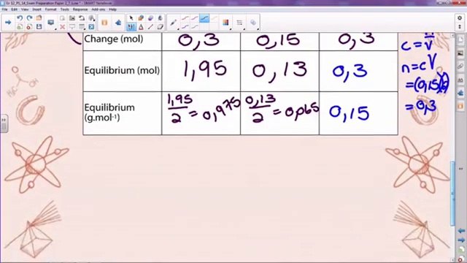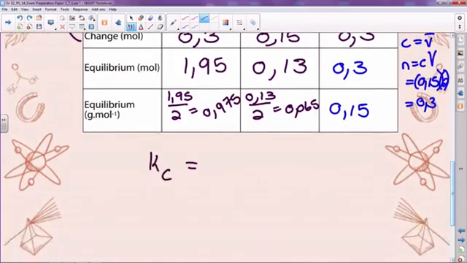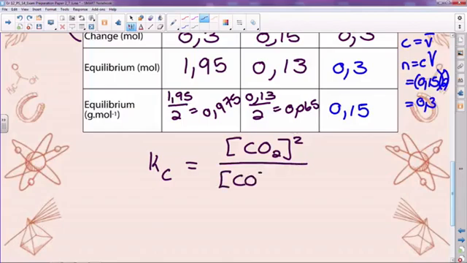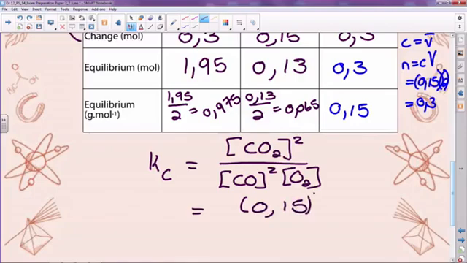We're happy. We need to do our Kc expression, and Kc is the products, CO2 squared, because it's 2 CO2, over my reactants, and that's CO also squared, because it's 2 CO, plus O2. We write in what we know. The CO2 is 0,15 squared, and the CO is 0,975 all squared.